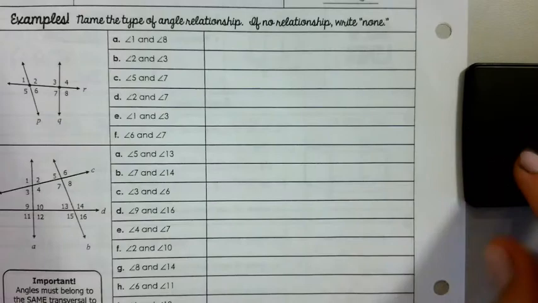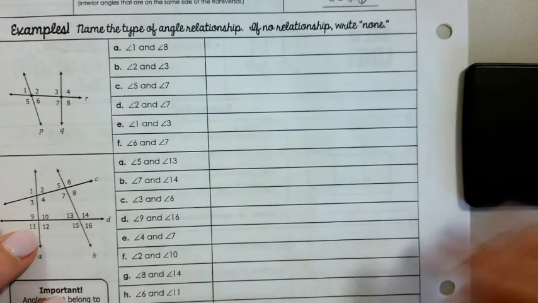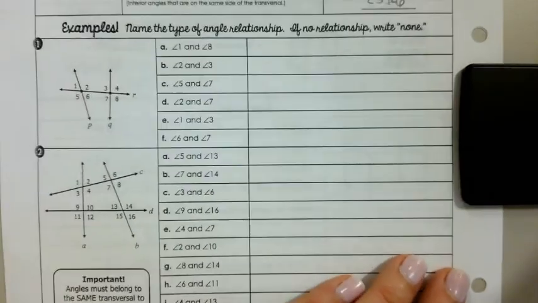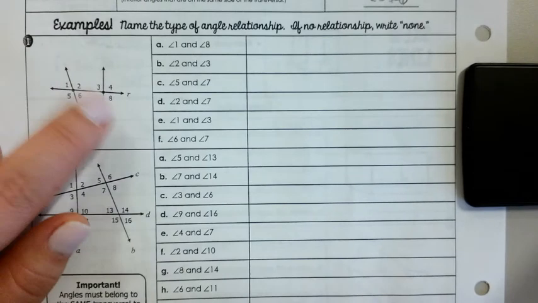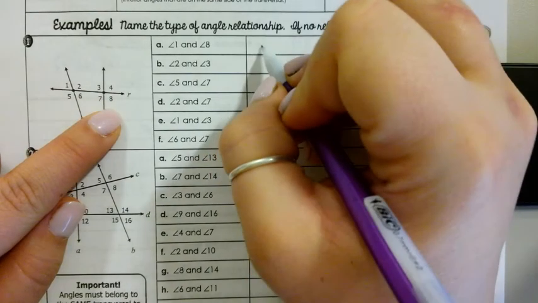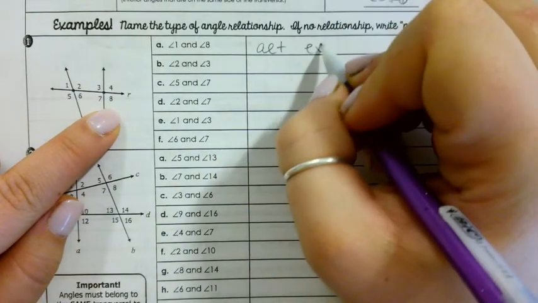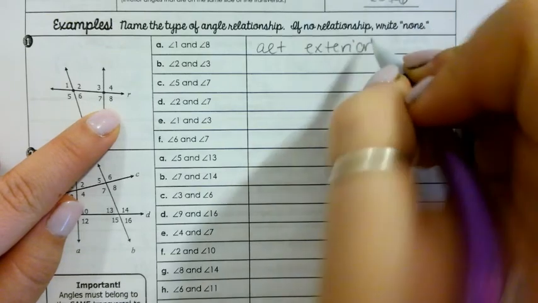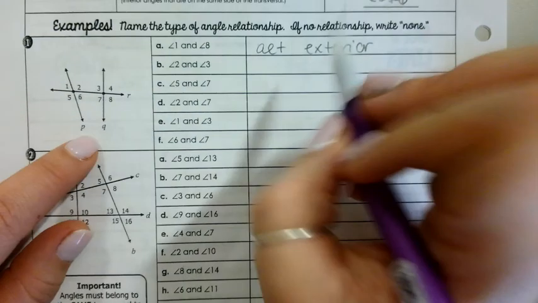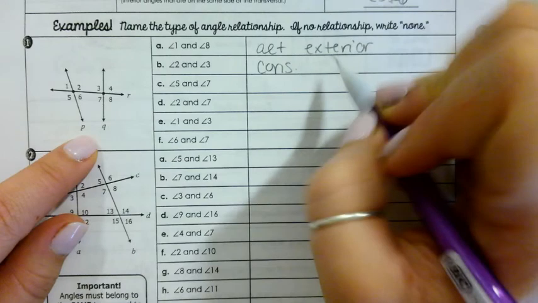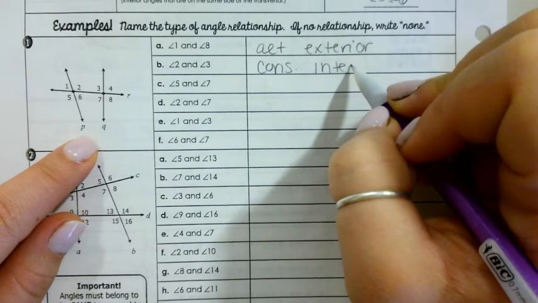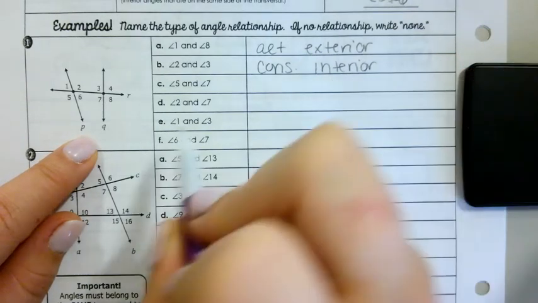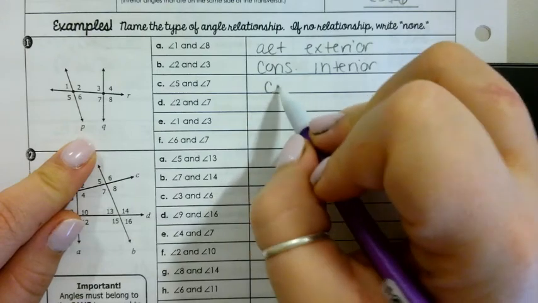All right. For this example, we want to name the angles that they give us. So we have angles 1 and 8. Those are alternate exterior. We have 2 and 3. Those are consecutive interior. We have 5 and 7. Those are corresponding.